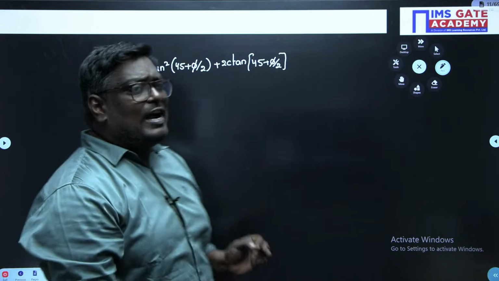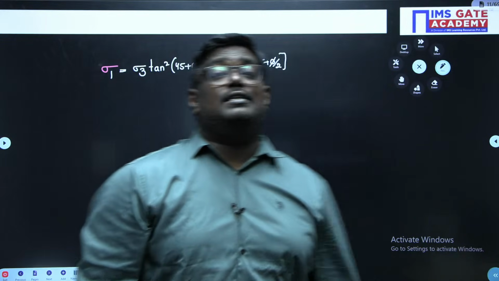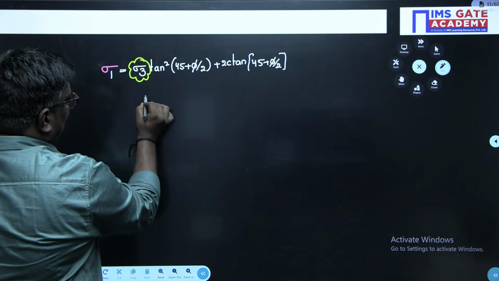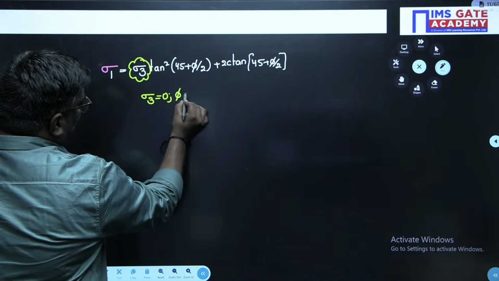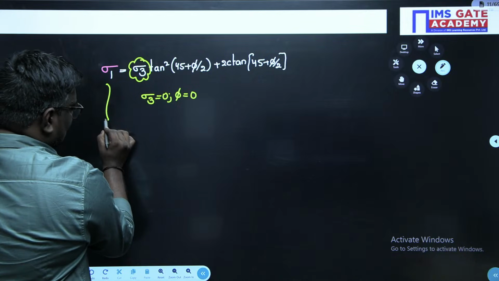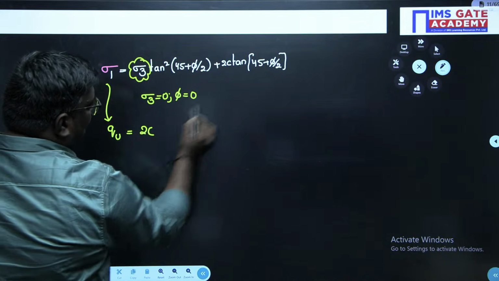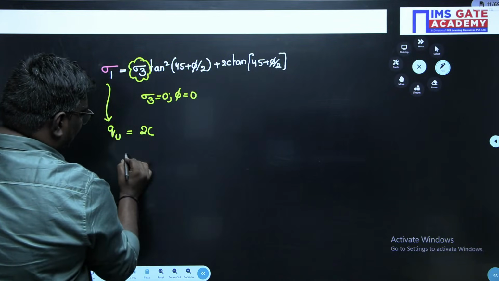In unconfined compressive strength, my dear students, the confining pressure is 0. So sigma 3 is 0 and phi is equal to 0. If I take sigma 1 as the unconfined compressive strength, Qu will be equal to, tan square 45 is 1, tan 45 is 1, it will be 2c.